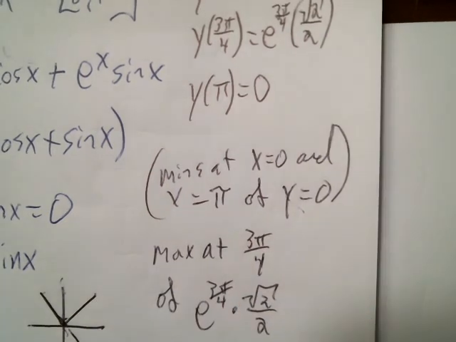Okay, wait, one more. This is 4.2, number 55. Keep going off the video, I'm sorry. Okay, so let me scroll over and hopefully find 4.2. I'm looking for it in the book.